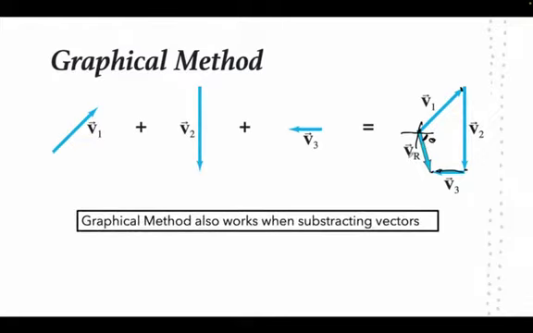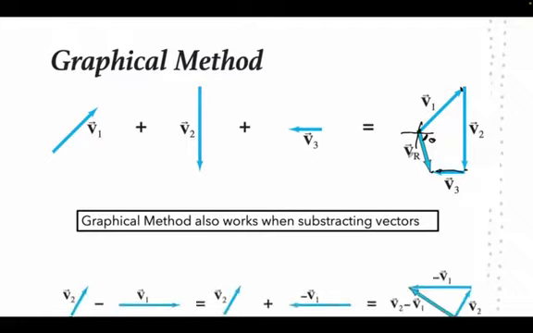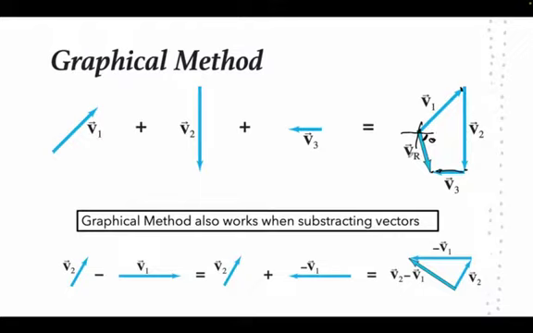Now, this graphical method also works when you're subtracting vectors, okay? Now, keep in mind that if I want to do v2 minus v1, that is the same thing as adding v2 plus negative v1. The negative of a vector is just the mirror image of that vector. So negative v1 is just v1 but pointing in the opposite direction.